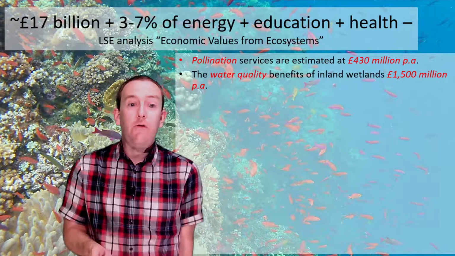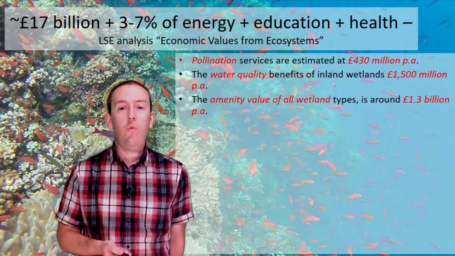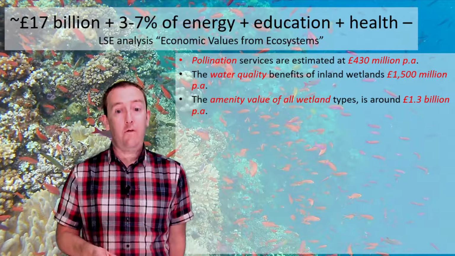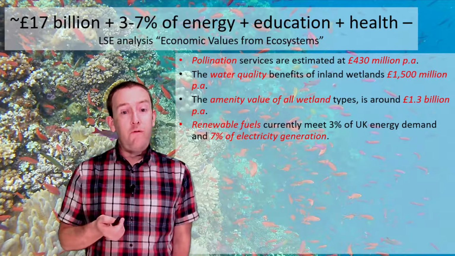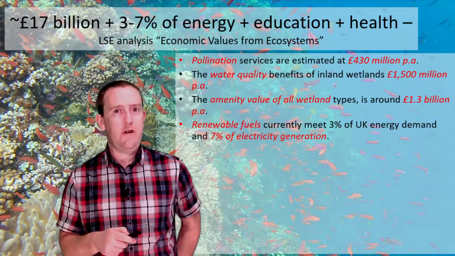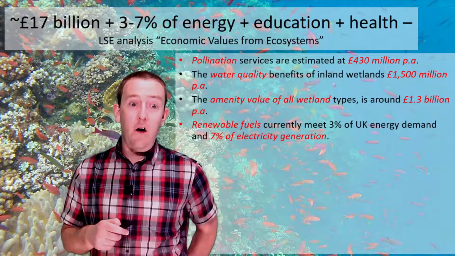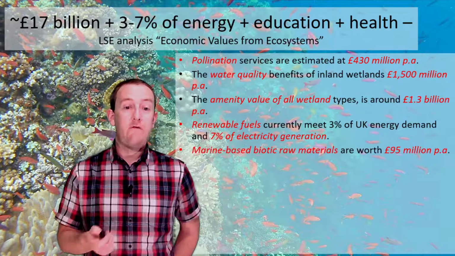We couldn't purify water as effectively as nature can. The amenity value of all wetland types and everything that wetlands do for us is around 1.3 billion pounds. Renewable fuels, basically 3% of the energy demand and 7% of electricity generation. That is large and growing. If you put a pound value on that, that is very, very large, and that is growing.